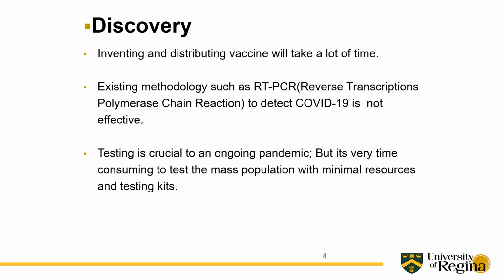Testing is very important when it comes to controlling the virus, as without tests we can never know who is infected and who is not, and a person who is infected can spread the virus to other persons and it may spread to everyone and cost lots of lives.